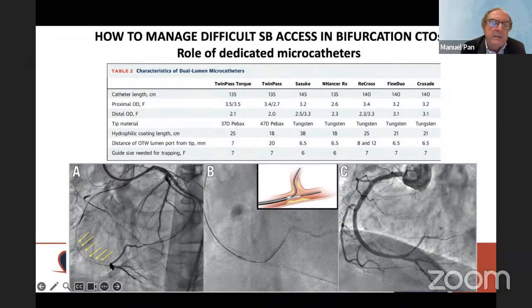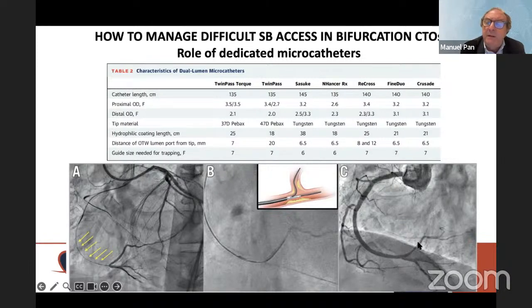The wire is in the PDA, but you have to recross, you have to put a second wire in the PDA. For this maneuver, the use of the double lumen catheter, as you can see in the central part of the slide, is relatively easy.